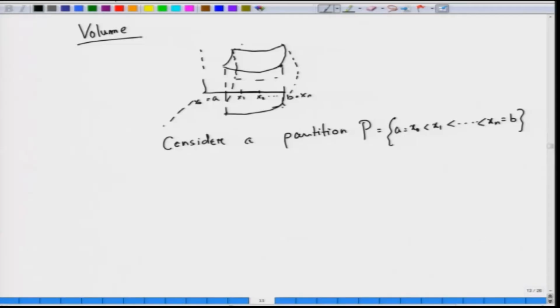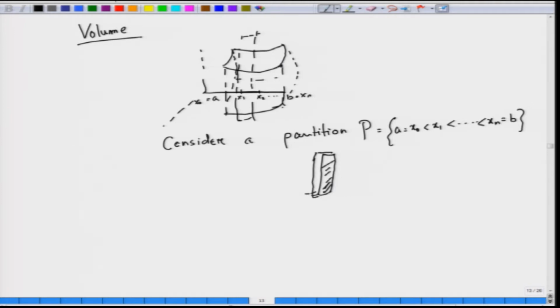If you take the plane and just slice it, then whatever you are going to get on the plane, with a little thickness, is this.